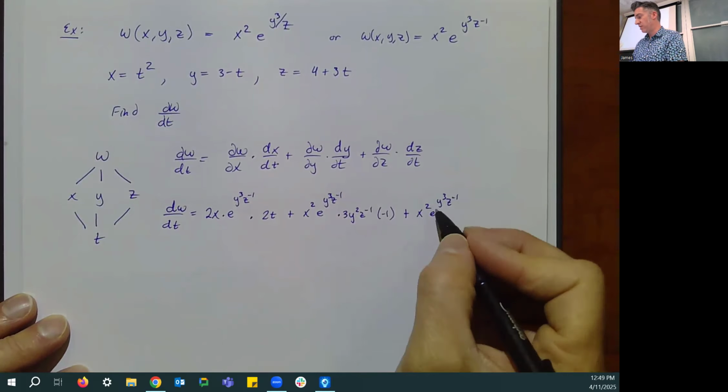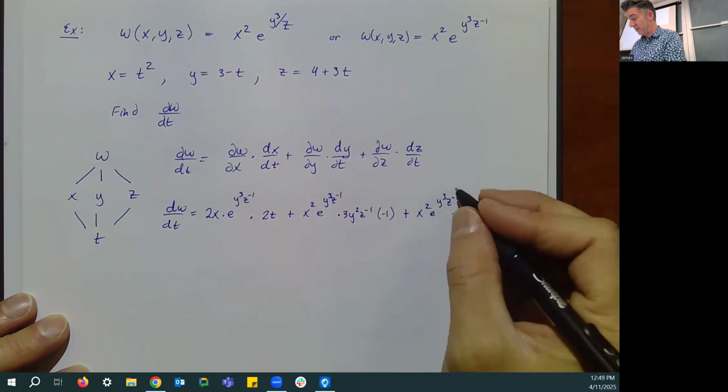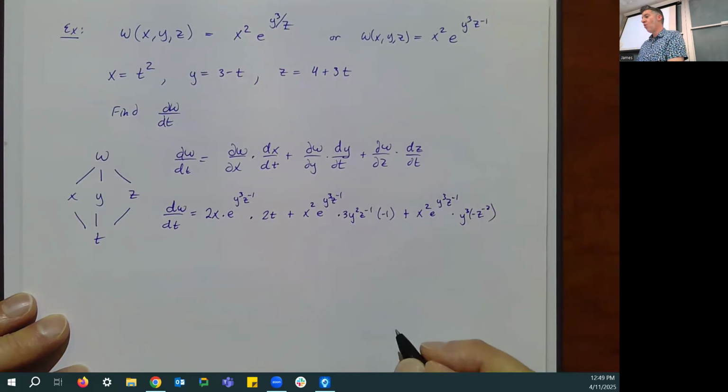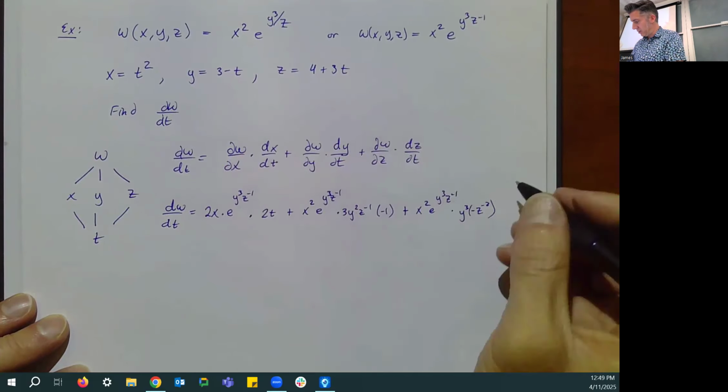But now when we take the derivative of this top part, we're differentiating with respect to z inverse, so it's going to be y cubed times -z to the -2 times dz dt, which is 3.